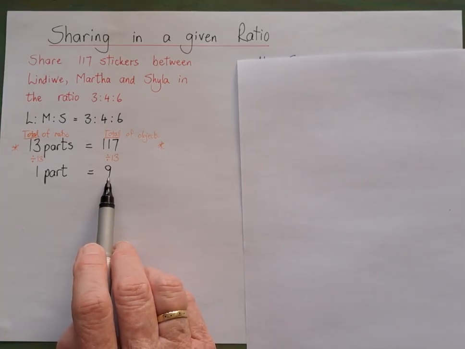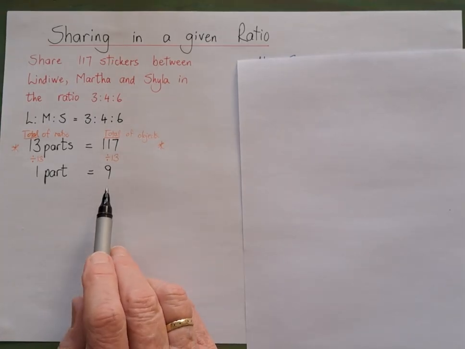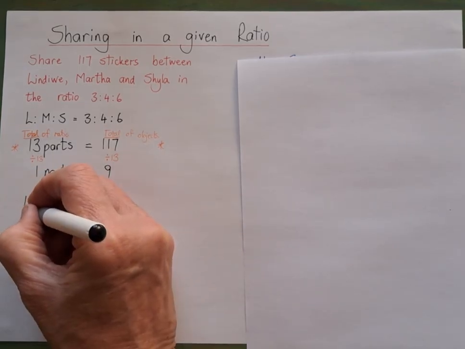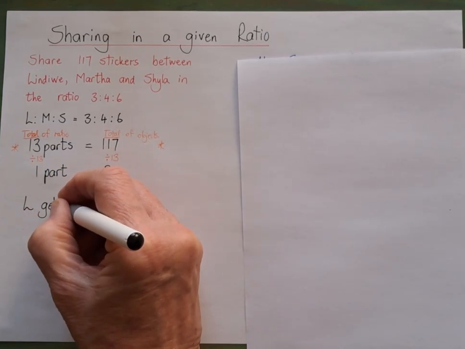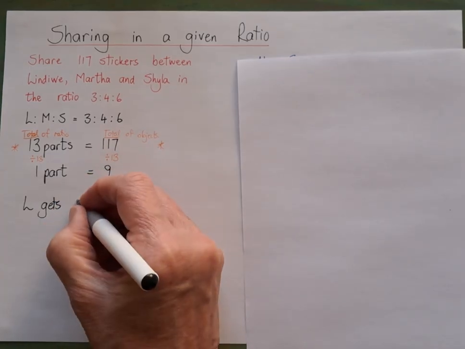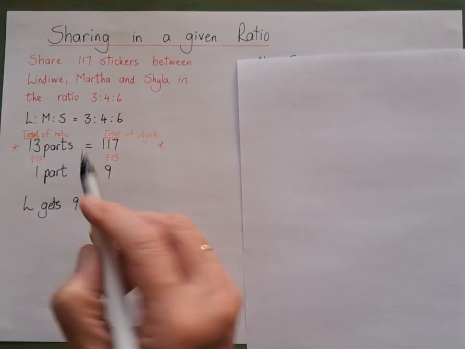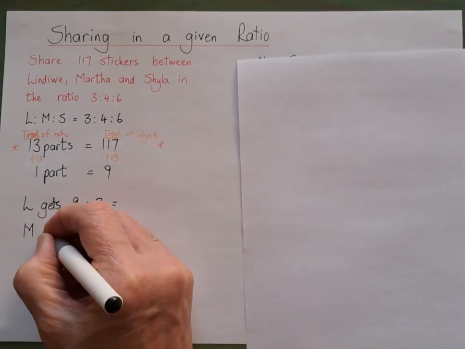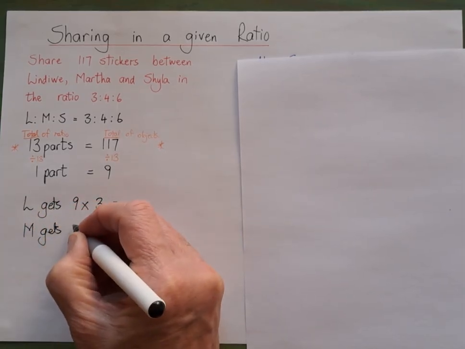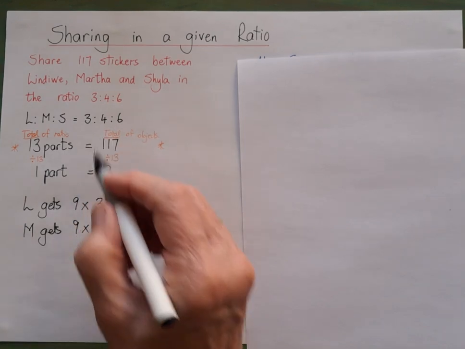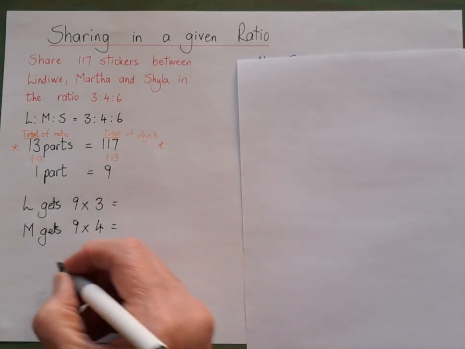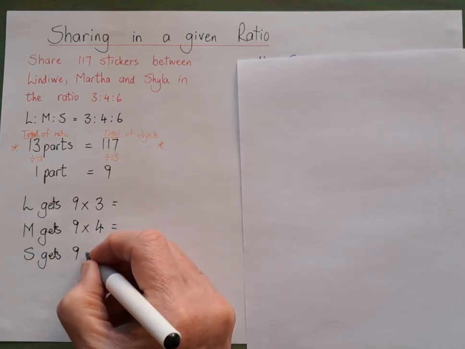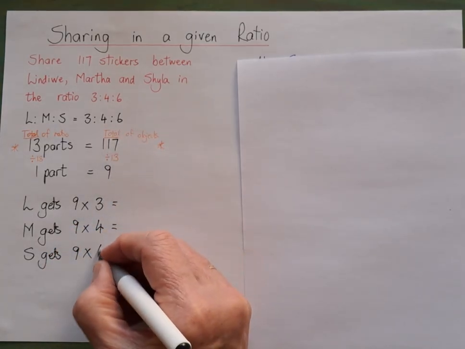Once I've got that, that's almost like my magic number, because now I'm going to go back to my ratio, and I'm just going to use shorthand here. Lindiwe gets the 1 part times her ratio number. Martha gets the 1 part times her ratio number, and Shyla gets the 1 part times her ratio number.